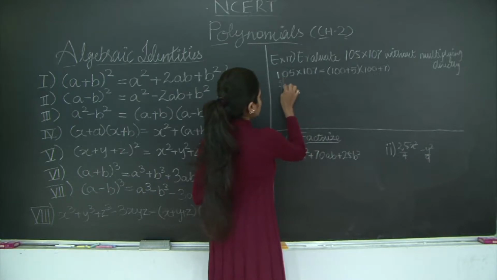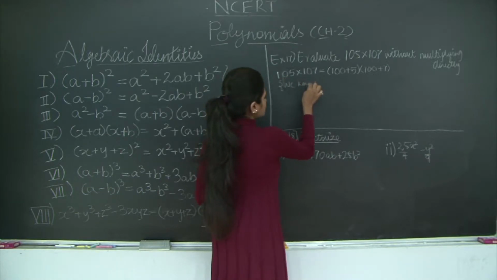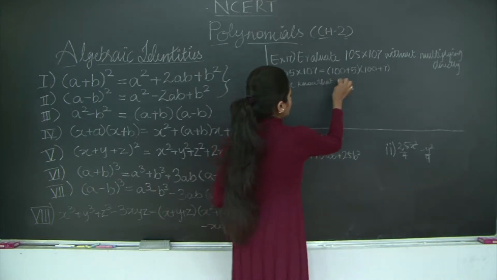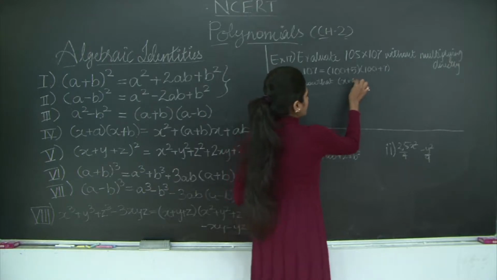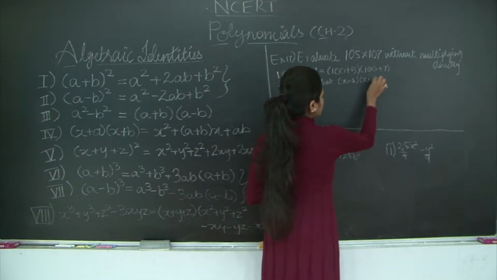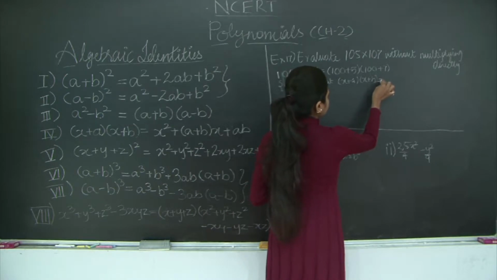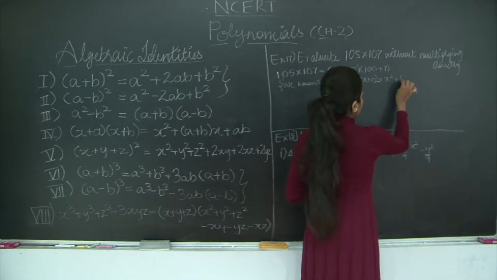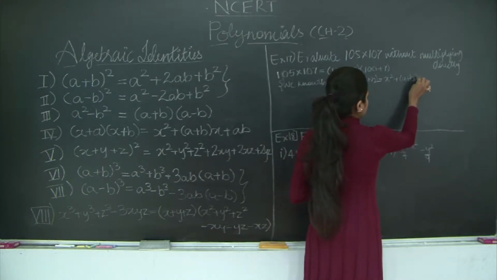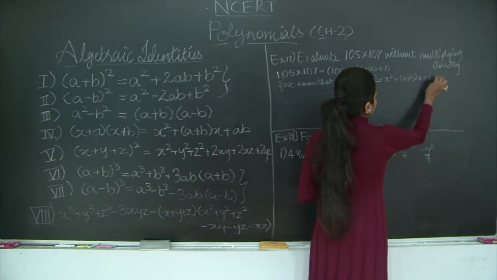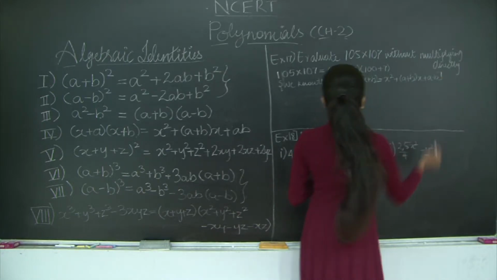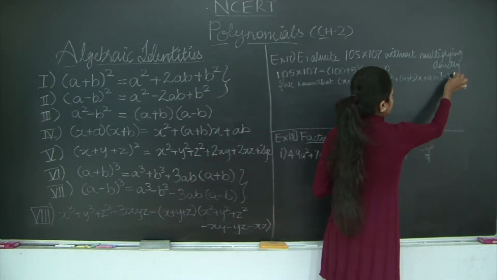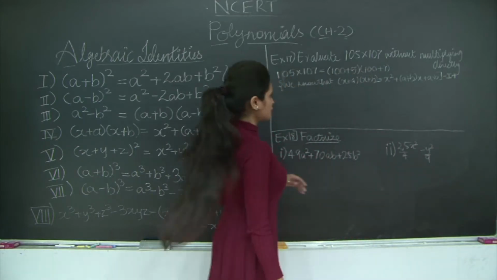We know that x plus a into x plus b is equal to x square plus a plus b into x plus a into b, right? This is using identity 4, right? I'm just writing I4 instead of identity 4.